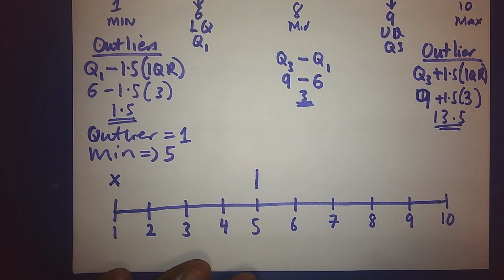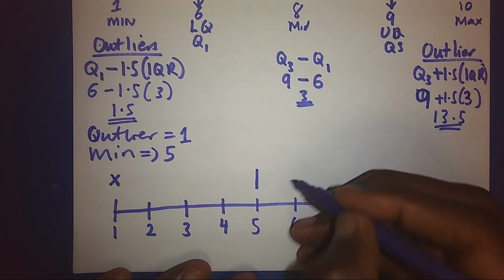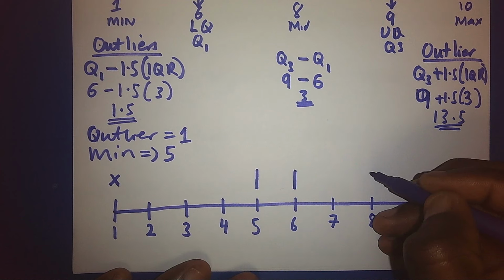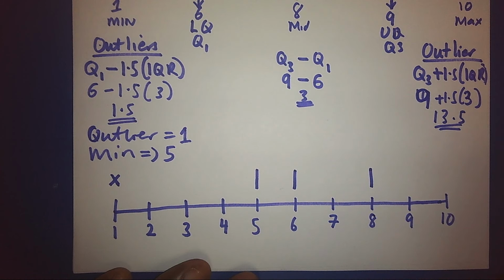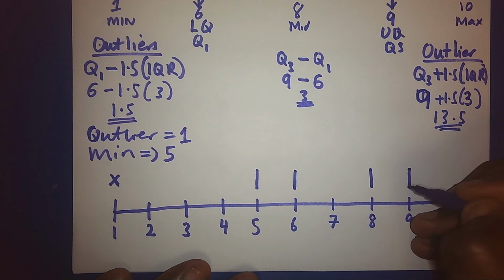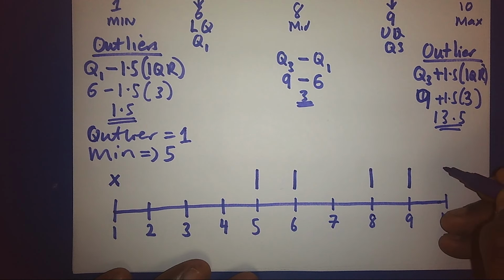When we go to our lower quartile, it's 6. When we go to our median, it's 8. When we go to our upper quartile, it's 9. And finally, our maximum value is 10.